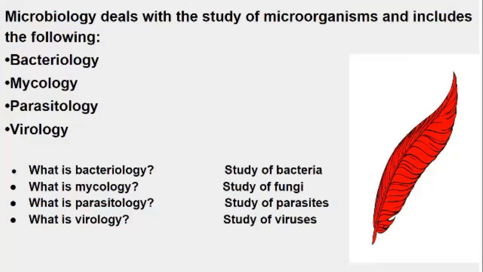So microbiology deals with the study of microorganisms and includes the following: bacteriology, mycology, parasitology, and virology. So what is bacteriology? That's the study of bacteria. Mycology is the study of fungi. Parasitology is the study of parasites. And virology is the study of viruses.